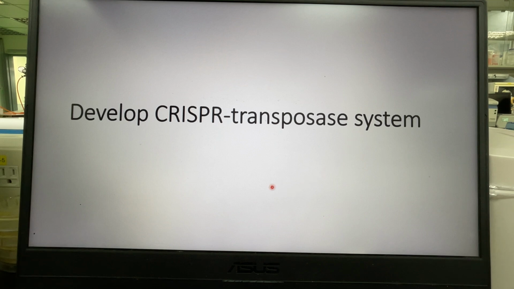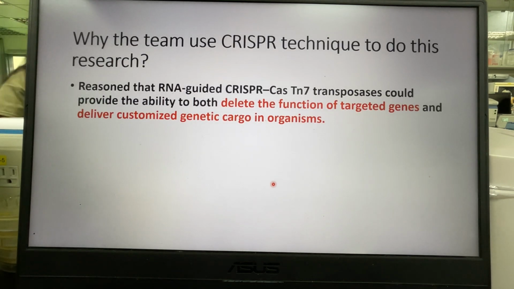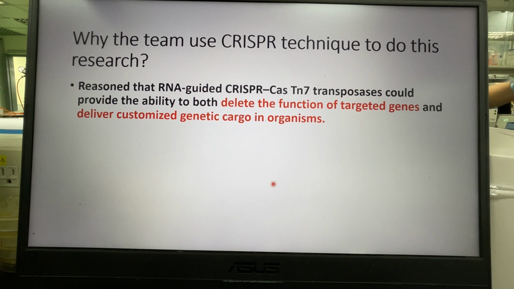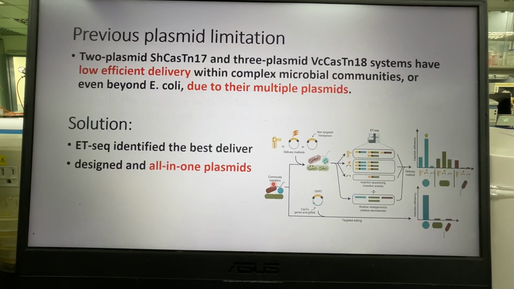And the second step is to develop a CRISPR transposon system. The reason the team used CRISPR technique for this research is that the RNA-guided CRISPR-Cas transposase could provide the ability to both delete the function of a target gene and deliver custom genetic cargo in an organism.